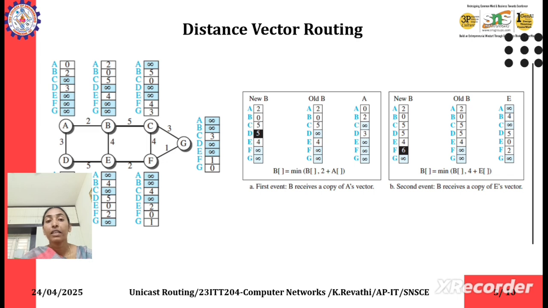Then D has two neighbors, A and E. Those entries are denoted in the table, and other entries are infinity.